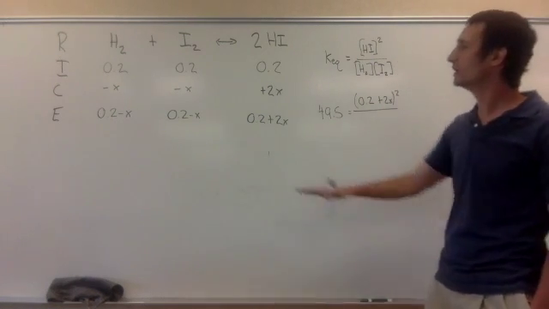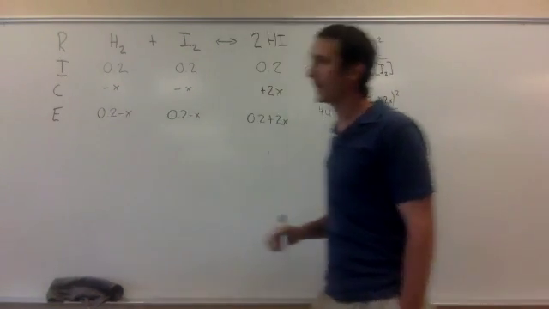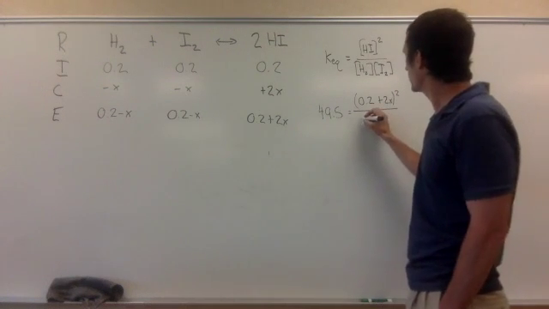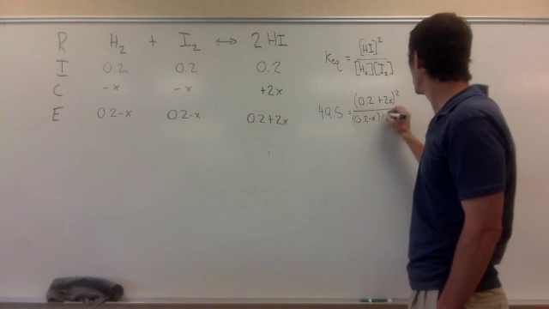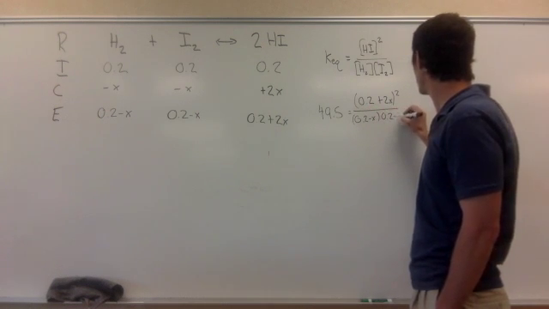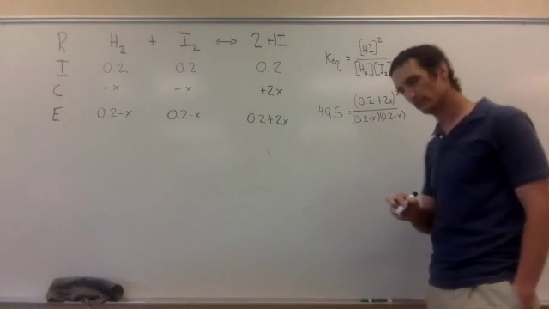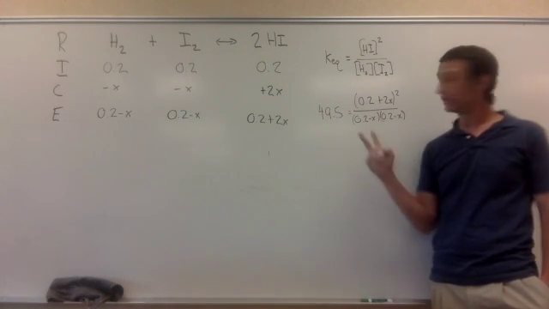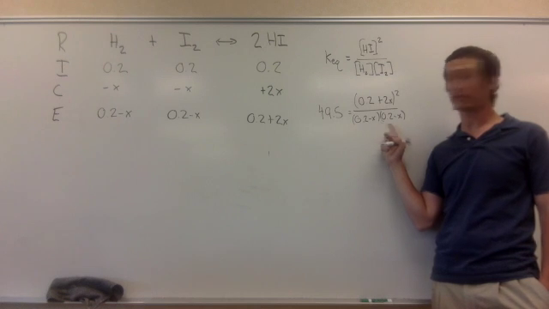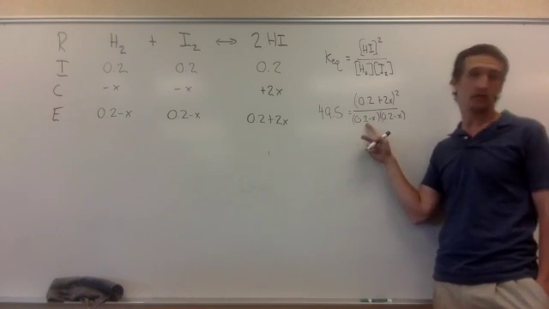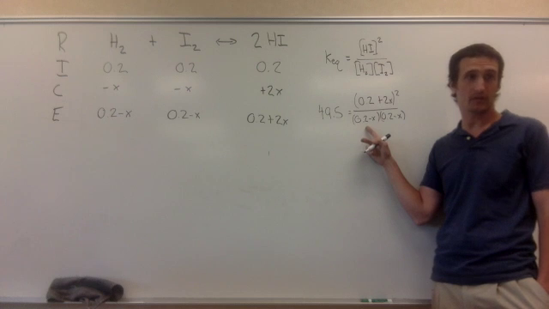On the bottom, we've got our other two reactants. Now, I can go 0.2 minus x times 0.2 minus x, right? Since those are the same, would you agree that we can go just 0.2 minus x squared? Does that make sense?